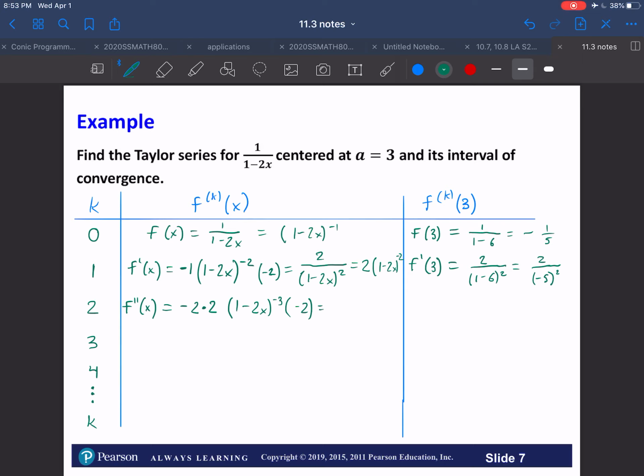We can rewrite this entire thing as 2 times 2 times 2 divided by 1 minus 2x to the third power. Okay. If we plug in 3, we're going to get 2 times 2 times 2 divided by 1 minus 6 to the third power, which is just 2 times 2 times 2 divided by negative 5 cubed.